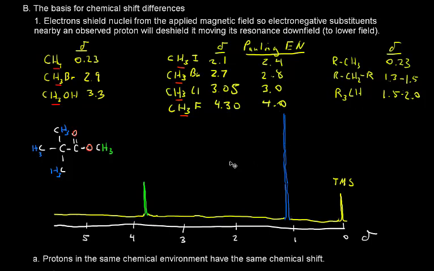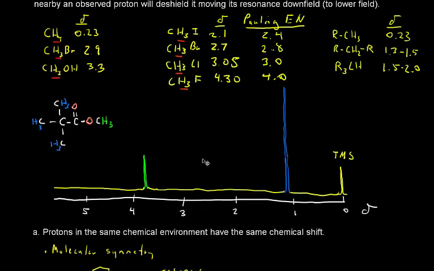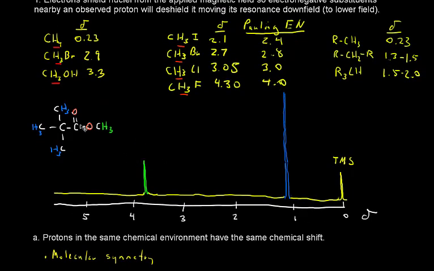So now for our first spectrum of an actual molecule, at least my best representation of that. So this is methyl 2,2-dimethyl propanoate. And I've color-coded the two different types of protons here.